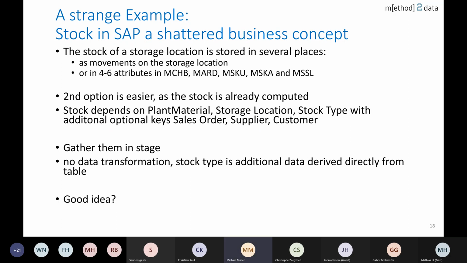But then you have your stock dependent on plant, material, storage location, stock type, sales order, supplier and customer. So you could gather them in stage. There is no data transformation. The stock type comes directly from the table.